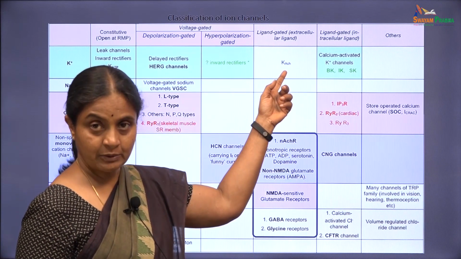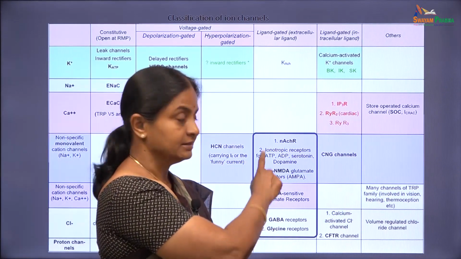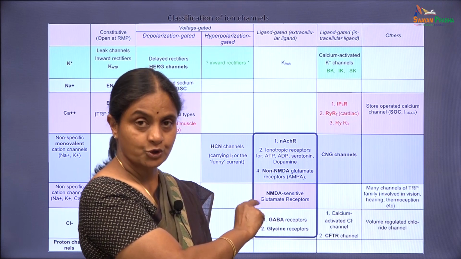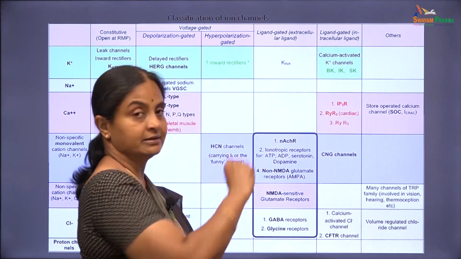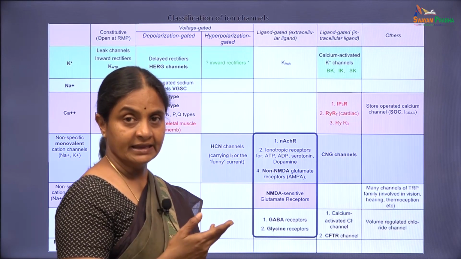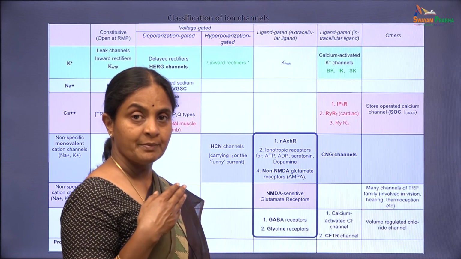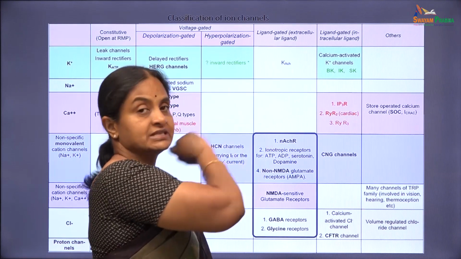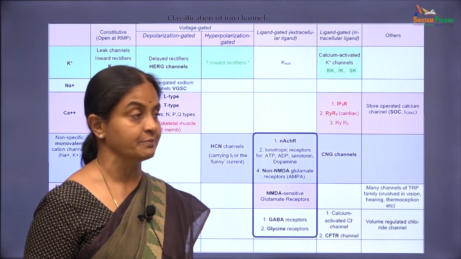Why not this? We will see why this one is different from the rest shortly. While these are ion channels which open up when the ligand binds to them directly, this channel does not bind the ligand. The ligand binds to a different receptor and by an indirect mechanism opens up that channel, which is why it is not listed as an ionotropic receptor.